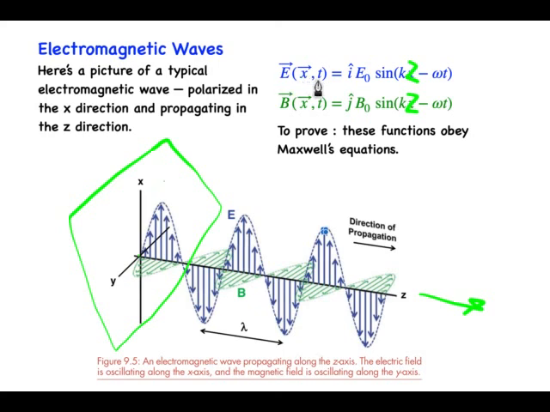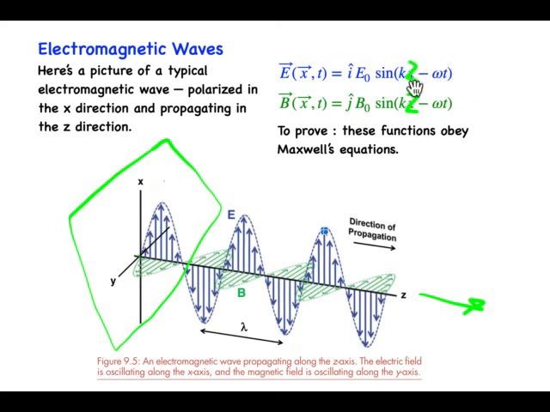And here would be the electric fields for that picture. The electric field is i hat E0, where E0 is the amplitude of oscillation of the electric field, times sine kz minus omega t.